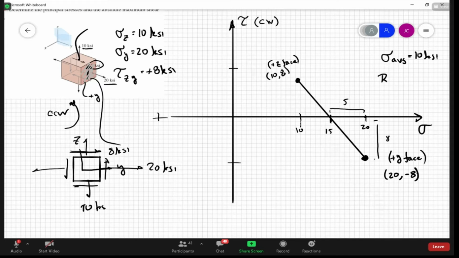So the radius of Mohr's circle is the square root of 5 squared plus 8 squared. It's nice because you don't really have to memorize those equations. You can if you want to, but I think everybody knows how to do this bit. So that gives me a radius of 9.43 KSI.